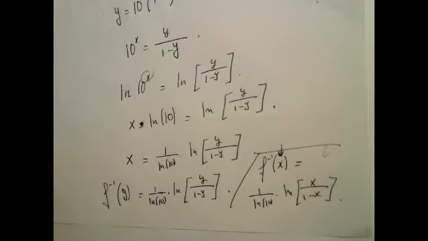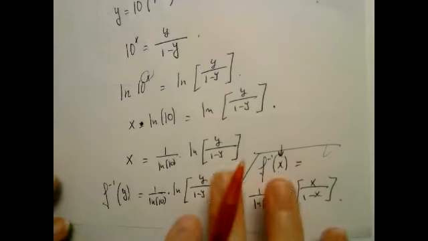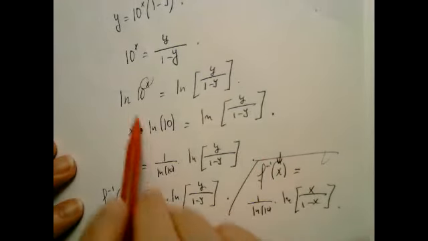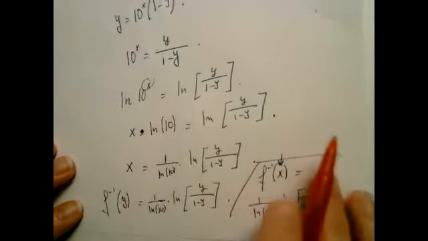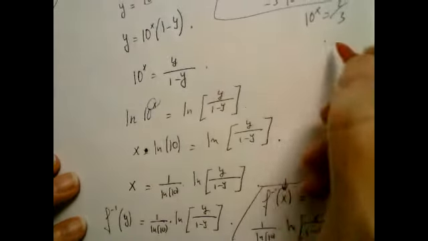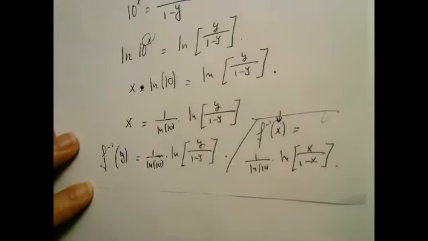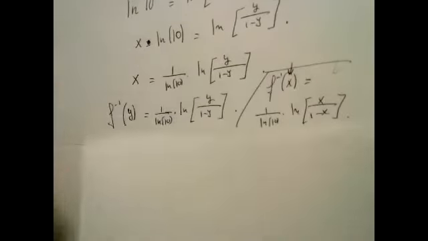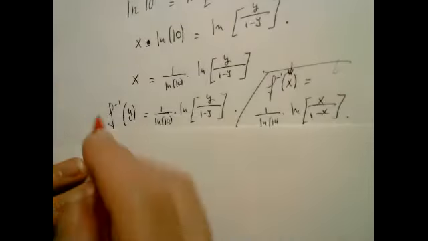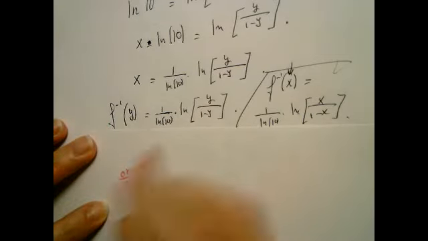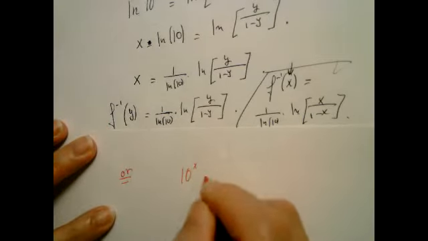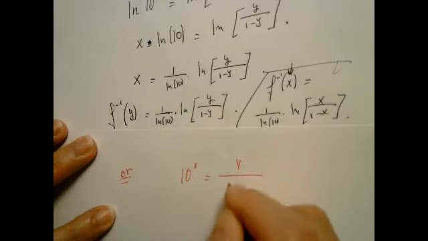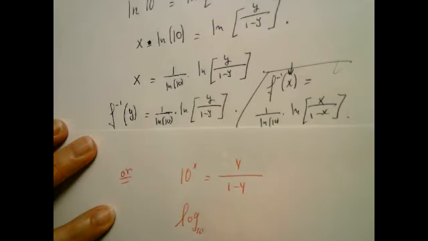Okay. So Luke asked me, and rightfully so, instead of using the natural log, can I use the log base 10? And the answer is, of course you can. So, or you can do like that. If you have 10 to the x equal y over 1 minus y, then take log base 10.